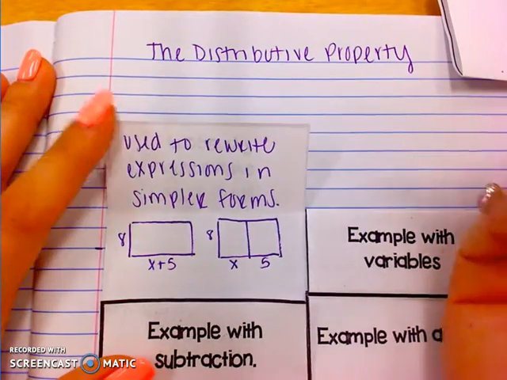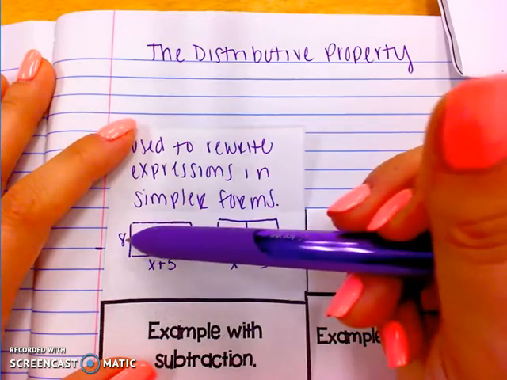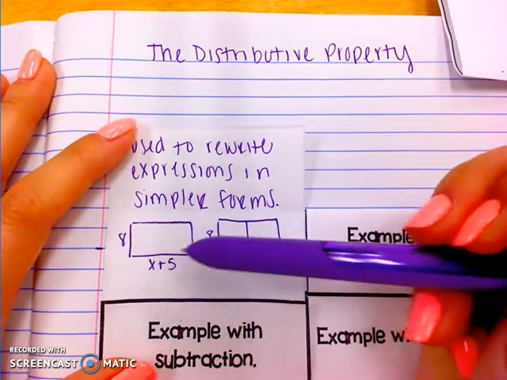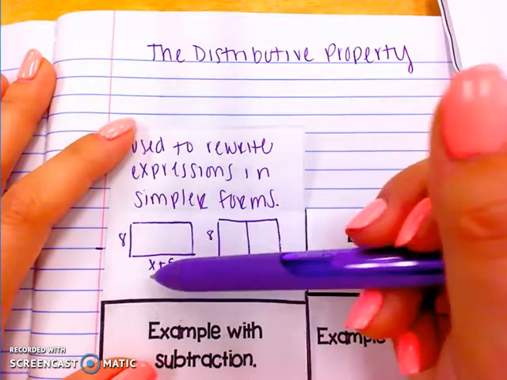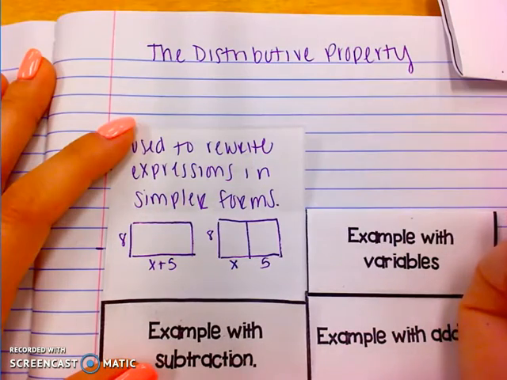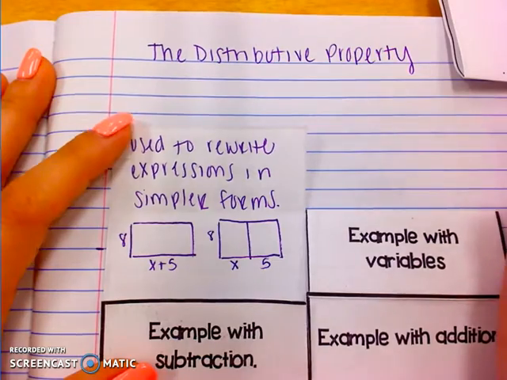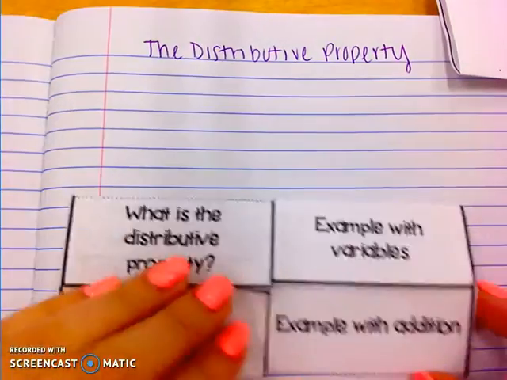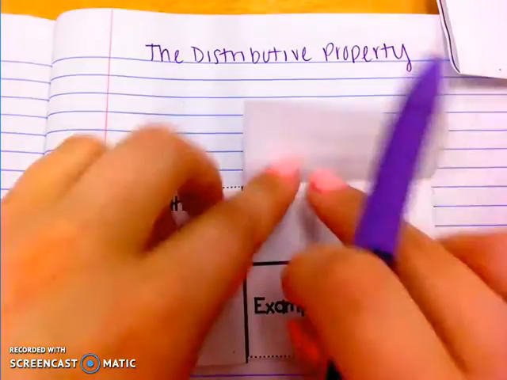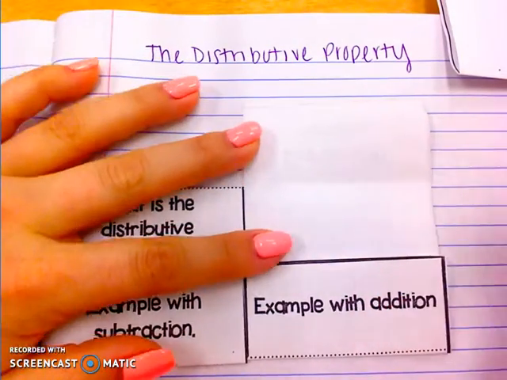So if I were to find the area, I would be multiplying 8 times x plus 5. Okay, and so I would have to be distributing that 8 to each of those if they were inside the parentheses. Okay. Let's look at an example of the distributive property with variables.